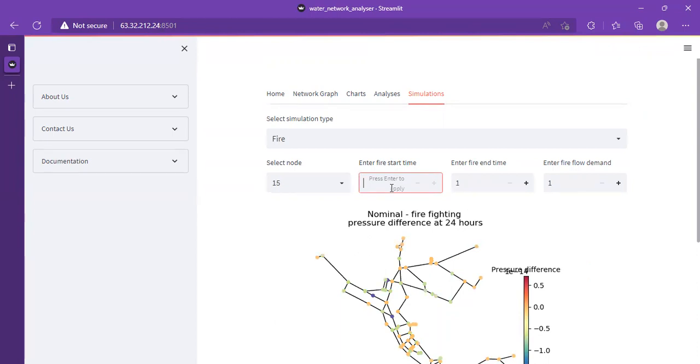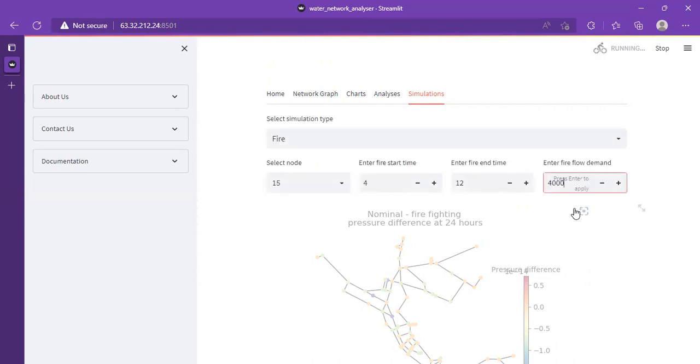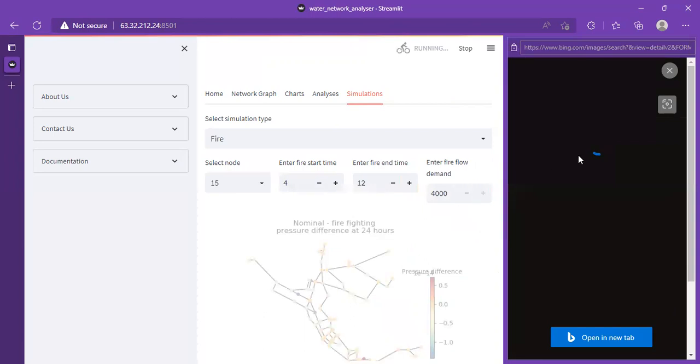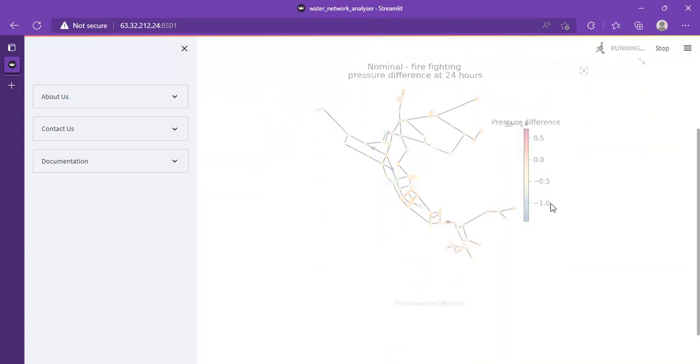The starting time of the fire, let's say it starts at 4. The end time of the fire, let's say it ends at 12. Then the demand that is normally associated with the fire, which we can say in this case is 4,000 gallons. So you just enter all the values.